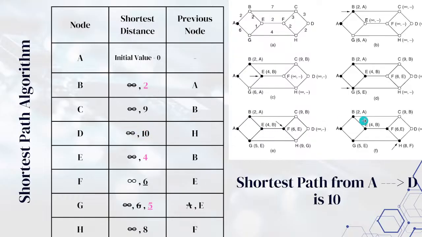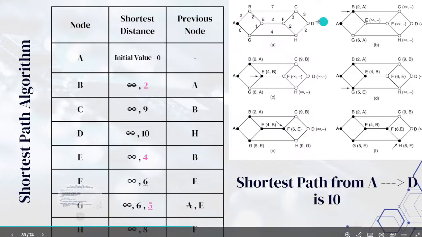How? We will check. We are in this node D. D, the previous node is what? H. D to previous node H, it is 2, right? Now I am in H, what is the previous?